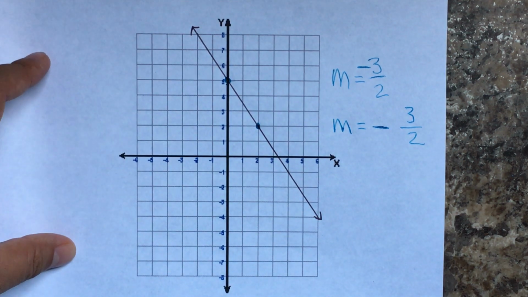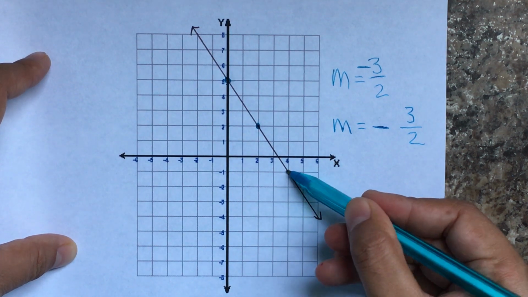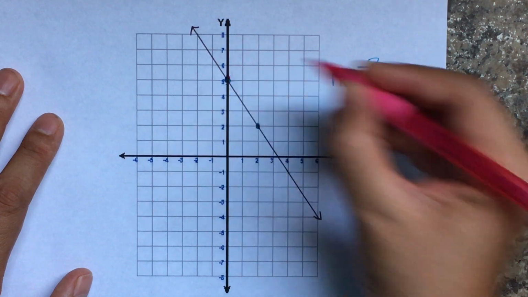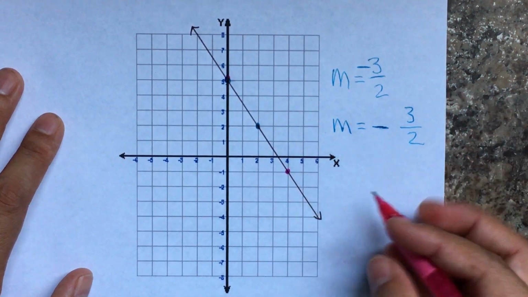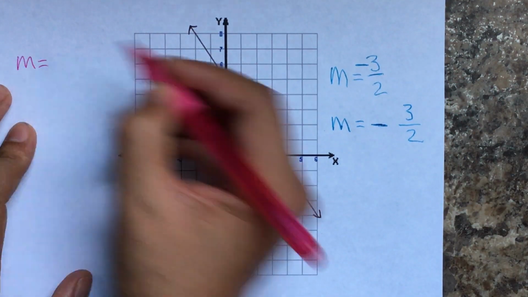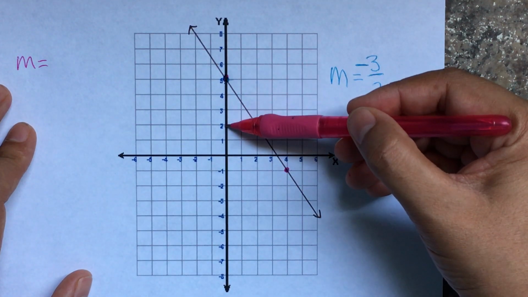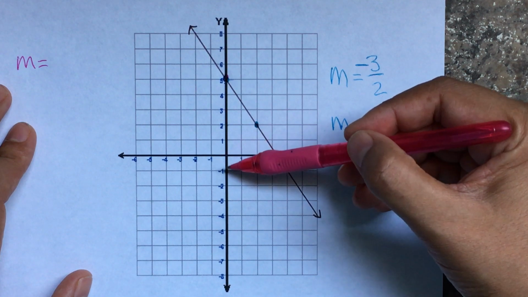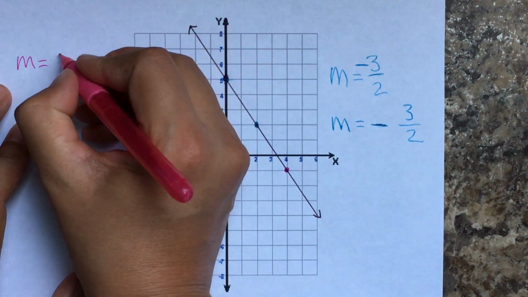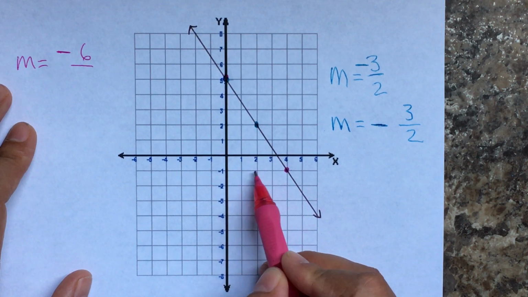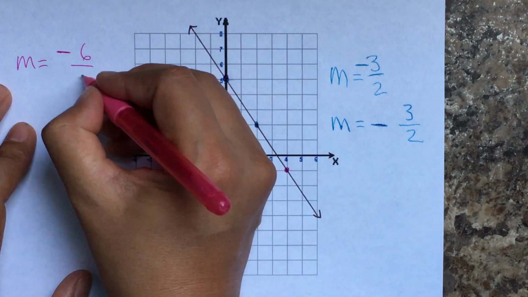Okay. So what if you decided to choose here? Let's say that somebody else, another student, got this point and this point. Again, let me do it on this side. To get here, you count 1, 2, 3, 4, 5, 6. And it's negative because you're going down. And then 1, 2, 3, 4.